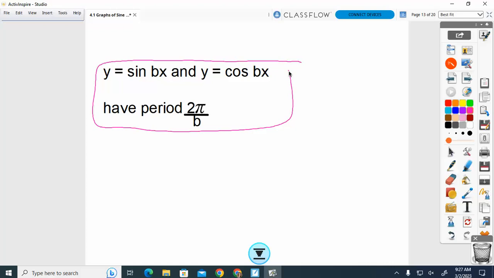Our graph had a 2, and if you saw, once we got to pi, it started repeating. So the period is 2 pi divided by b. 2 pi is your normal period. You divide it by whatever x is multiplied with, and that will tell you how long it will take until your graph starts to repeat itself.